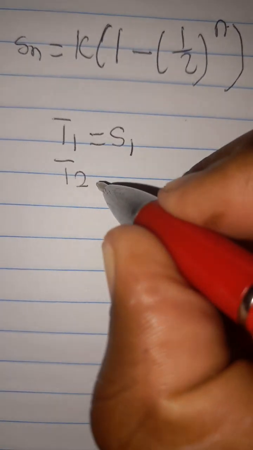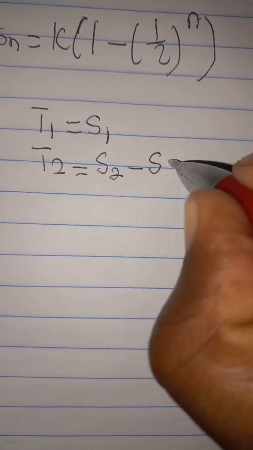Then term 2 will be equal to the sum of two terms minus the sum of the first term. It's very important to know this technique. Our aim is to get k, so we have to find the sum of the first terms.